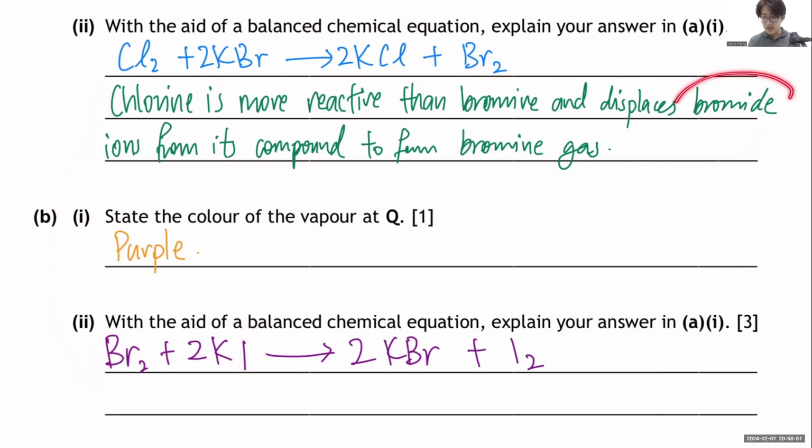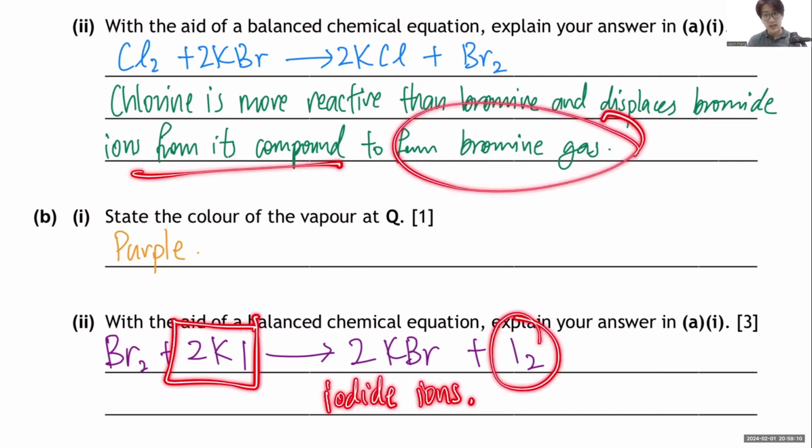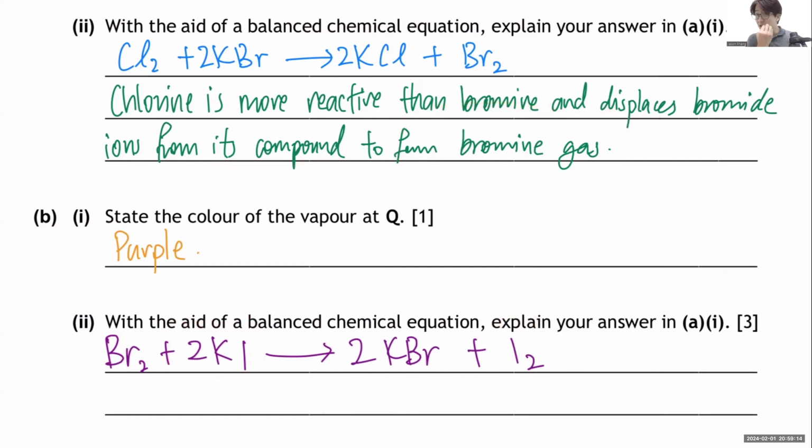That displaces the iodide ions from the compound, which is this one, to form the gas, which is this one. Okay, thanks for trying, Adrian. All right, so use the words in green, the sentence in green, to help you phrase out your answer in B part 2.